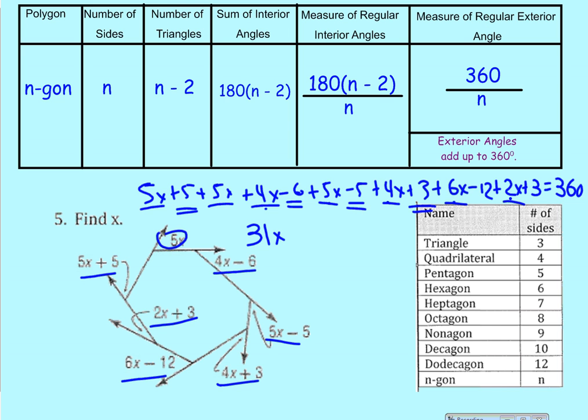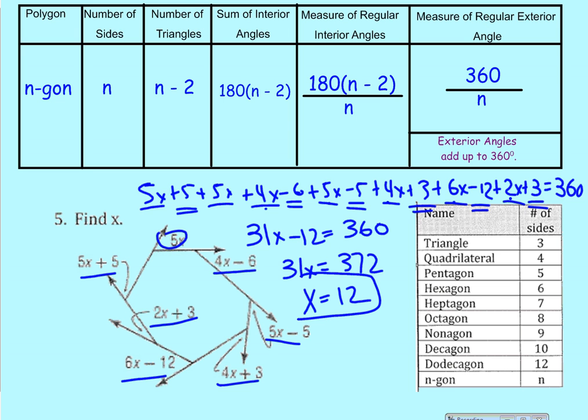Plus 3 is negative 3. Minus 12 is negative 15. Plus 3 is minus 12 equals 360. So that means 31x equals 372. Little division, I get x to be 12.